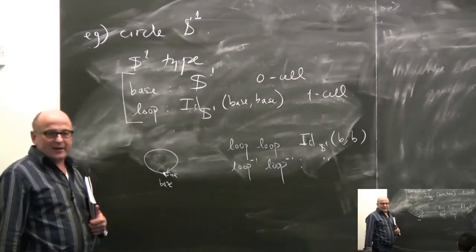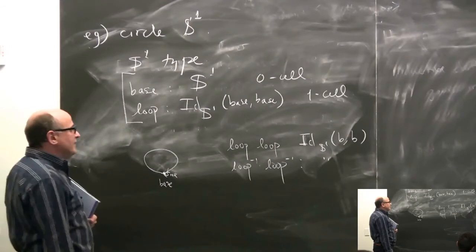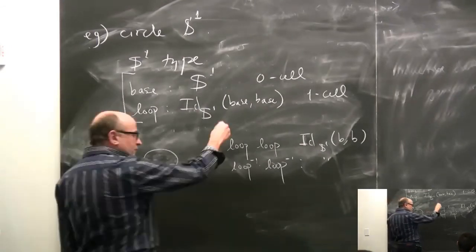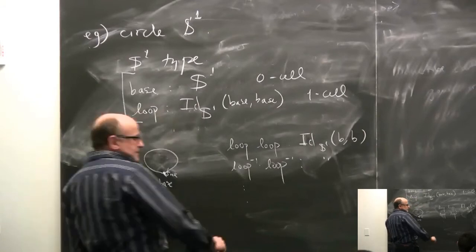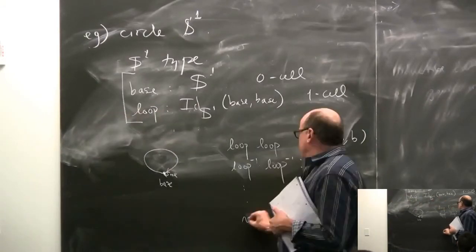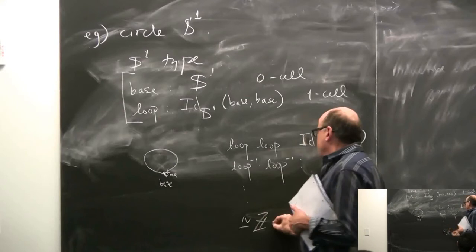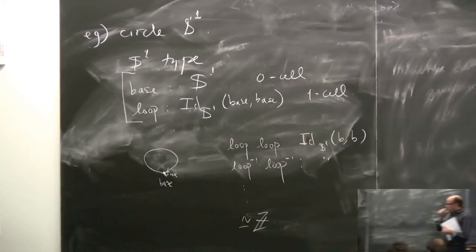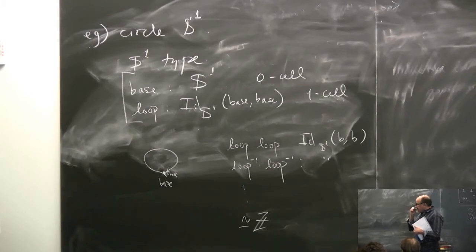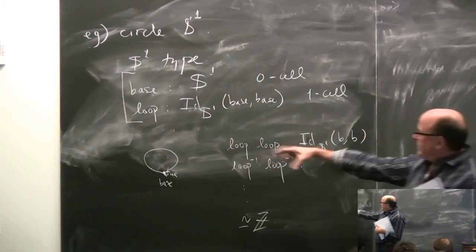And you can get a feeling immediately what's going on here: if you look at all of these things that you could write down, in a sense, to be made precise, those will turn out to be the same as the integers, which is called the winding number. So these can be calculated out.